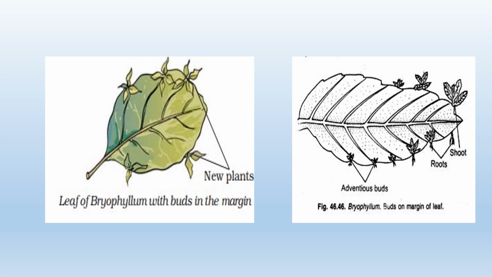There are buds which have grown on the margins of these leaves. These new buds, when they are planted in the soil, grow into new plants. These are a few different parts of a plant which can grow into new plants other than seeds.